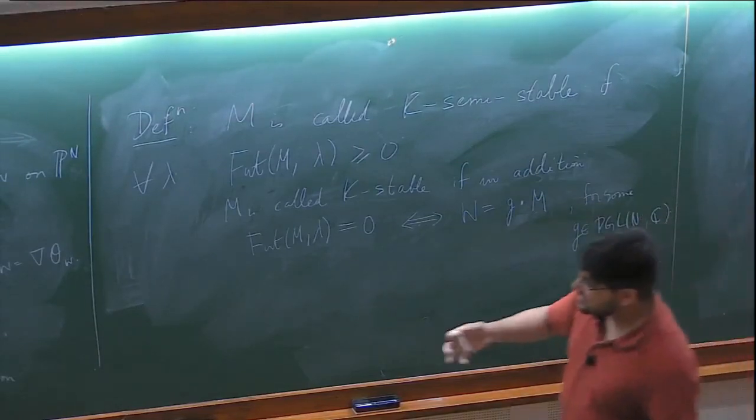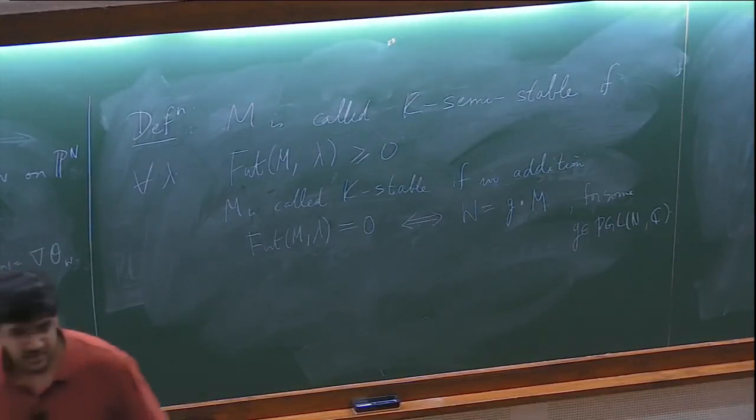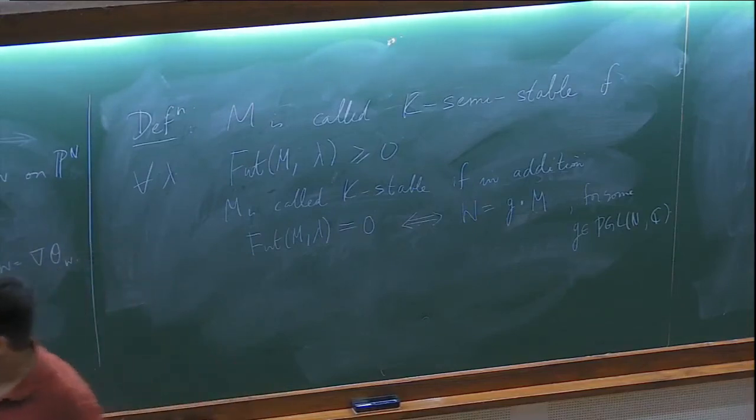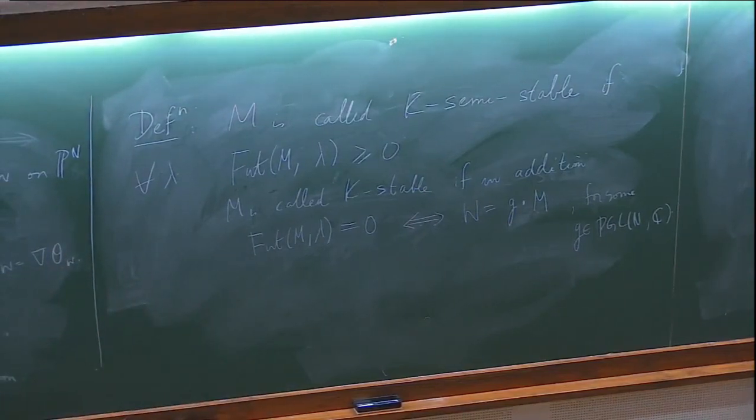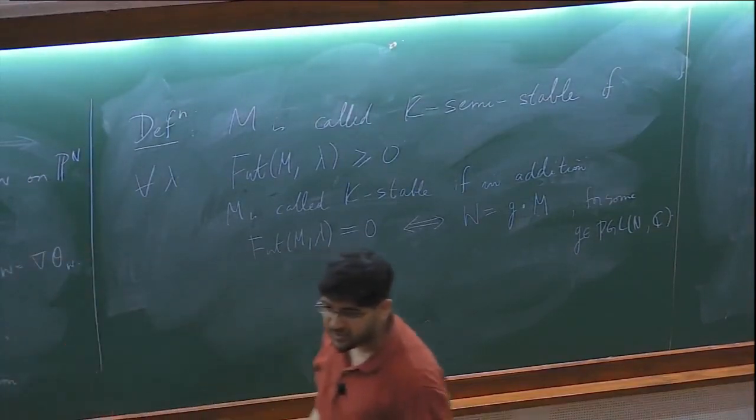So you should think of it like this. You have the PGL orbit of M, and W might potentially lie on the boundary, but if the Futaki invariant is 0, then if your manifold is K stable, it forces W to lie in the interior of the orbit, right?